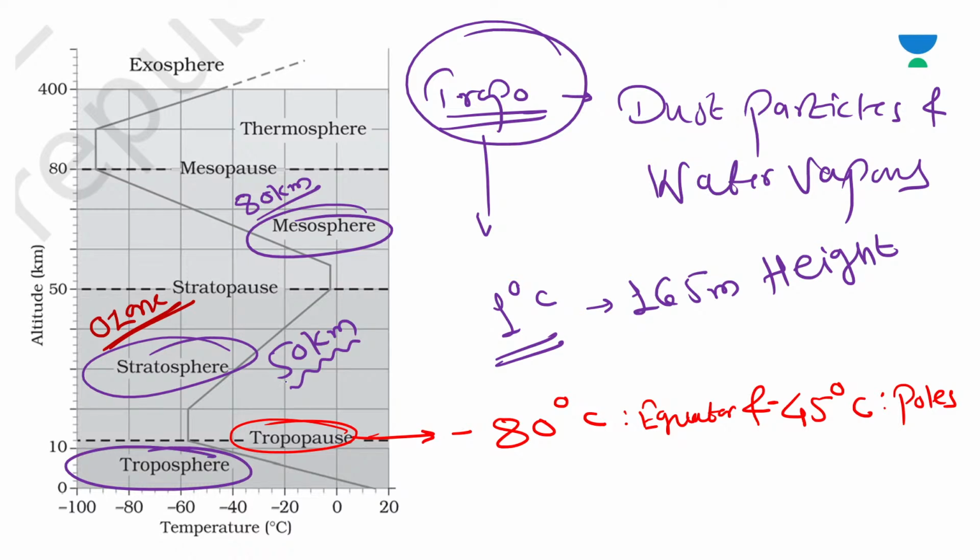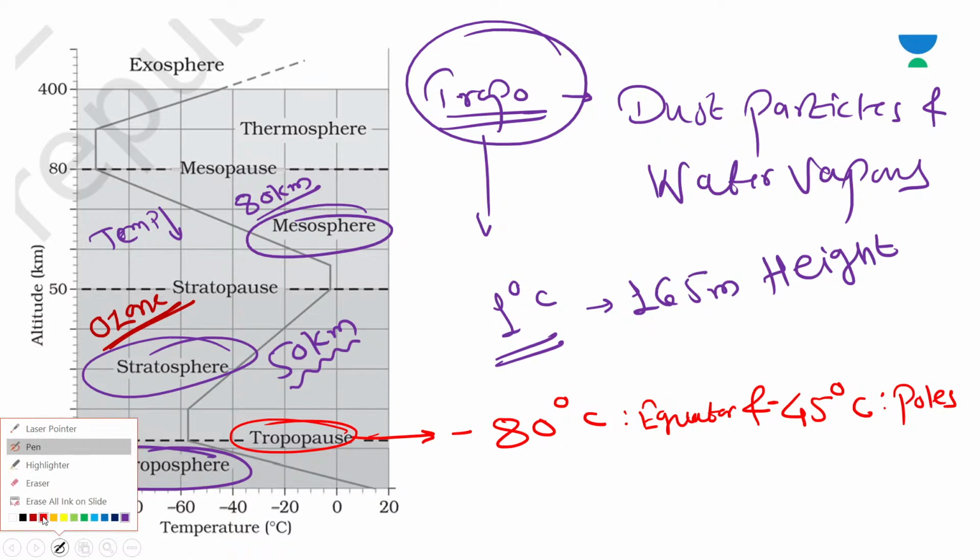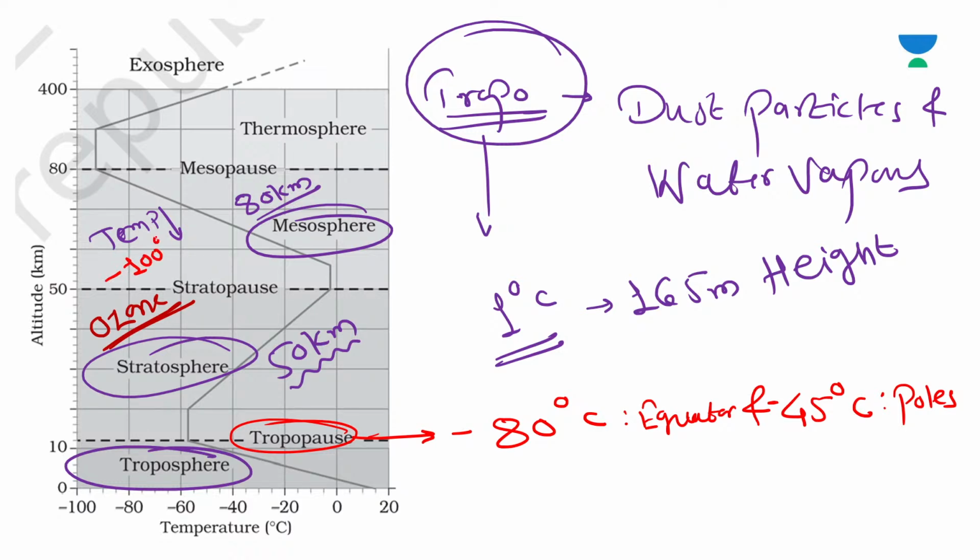In this layer, once again temperature starts decreasing with the increase in altitude and reaches up to minus 100 degrees Celsius at the height of 80 kilometers.